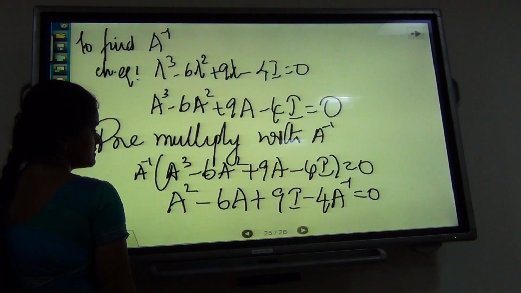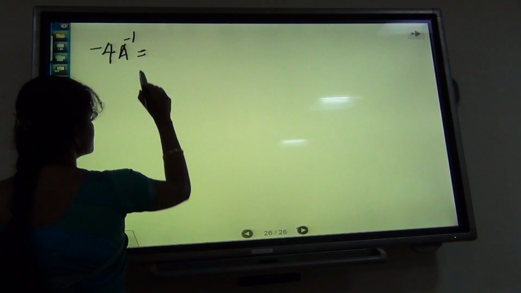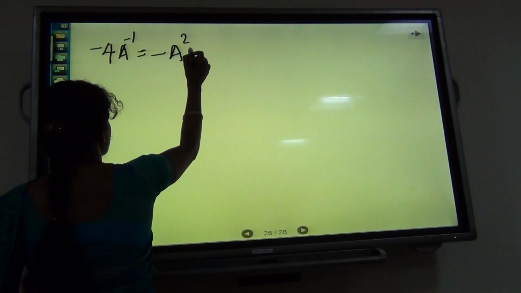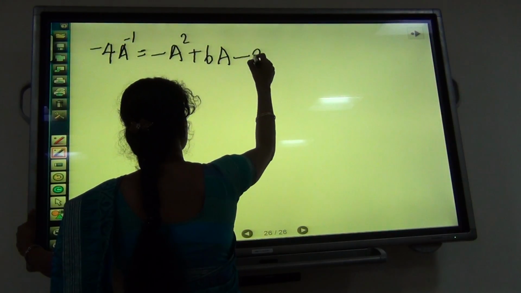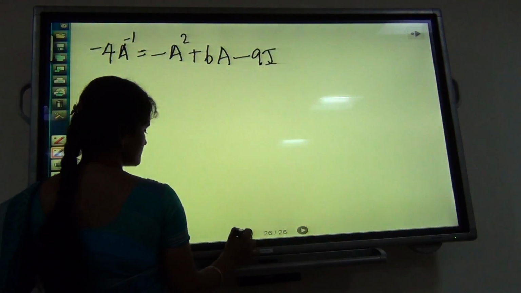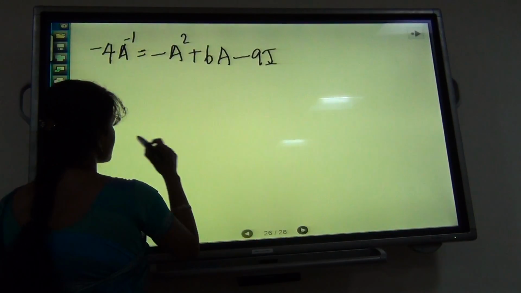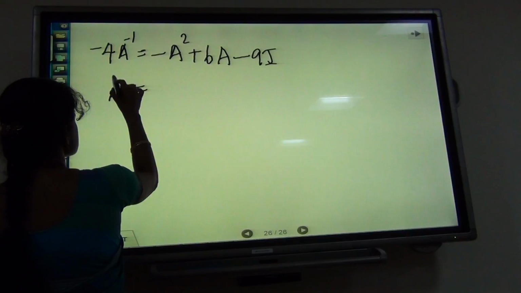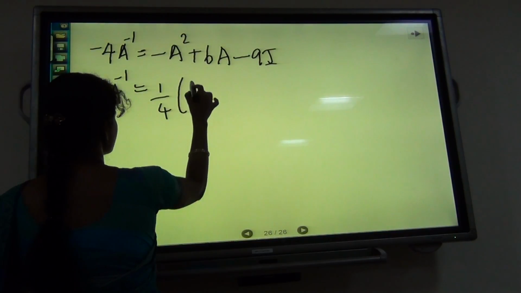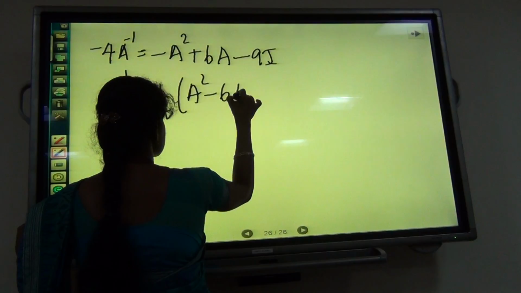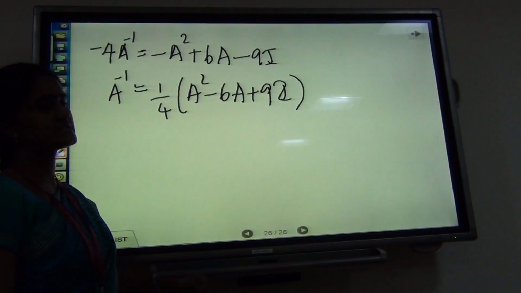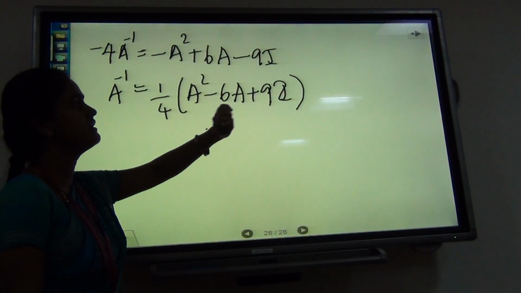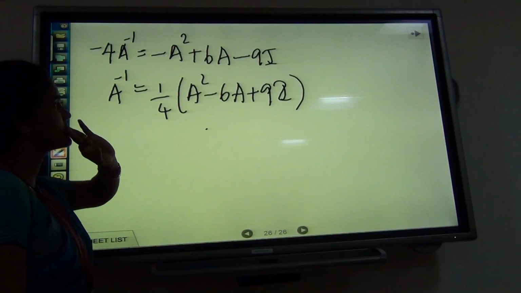So minus 4A inverse is minus A square plus 6A minus 9I, or A inverse is 1 by 4 times of A square minus 6A plus 9I. So in order to find A inverse, it is enough if you find A square minus 6A plus 9I.